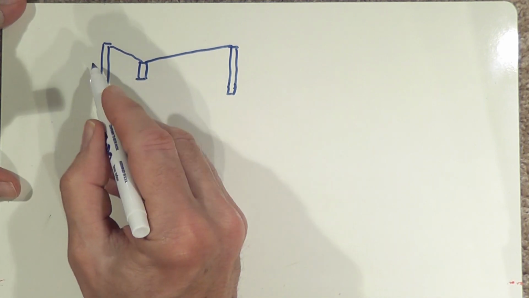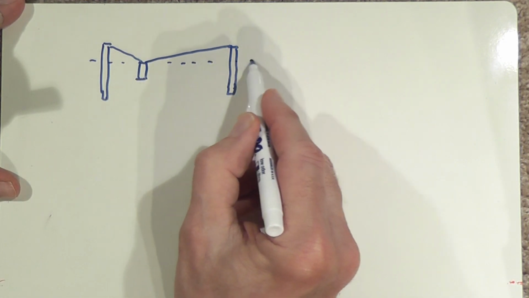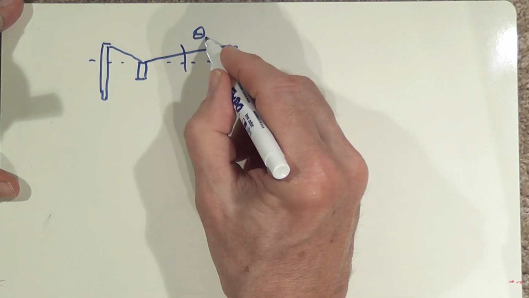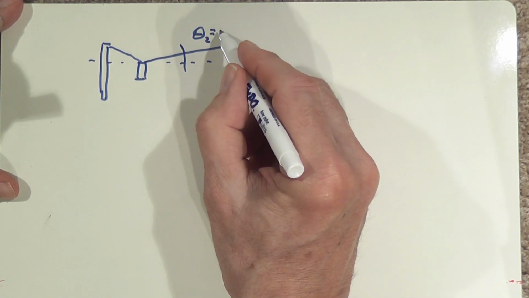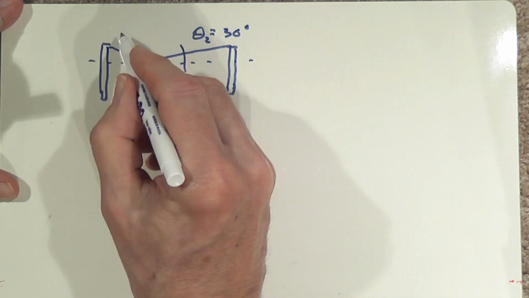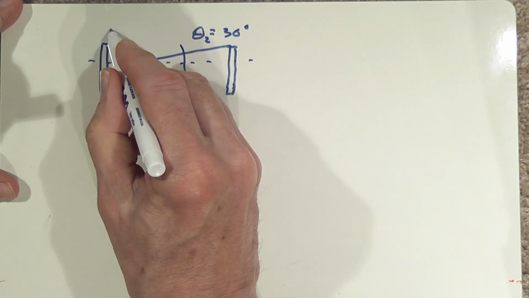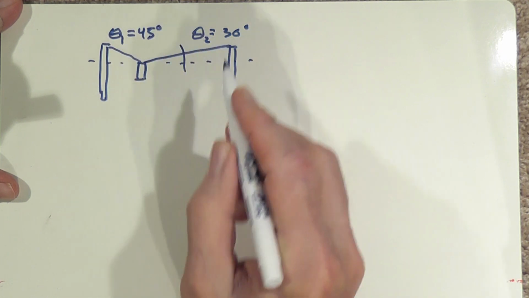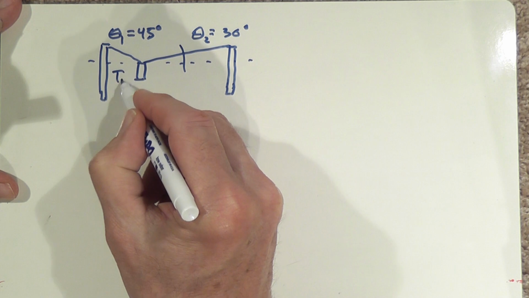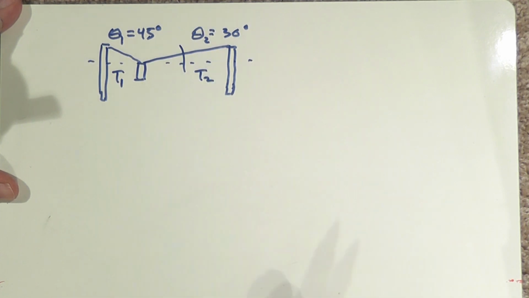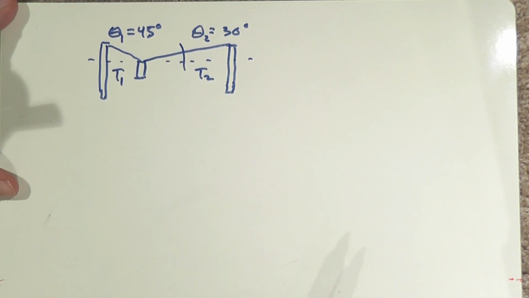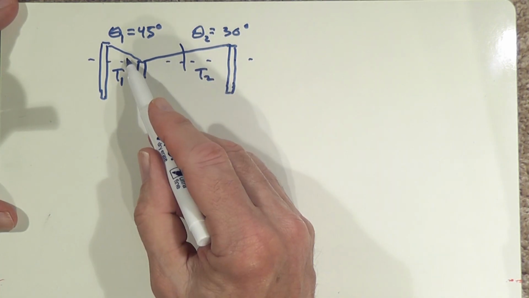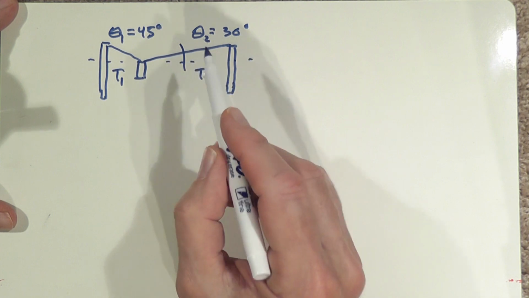We are told that on this side theta 2 is equal to 30 degrees, and on the side here, theta 1 is equal to 45 degrees. This is T1 and this is T2, and we want to find the tension in T1 and T2, each cable.